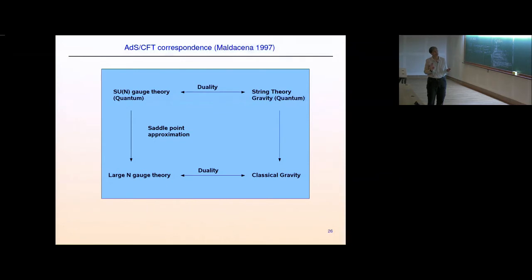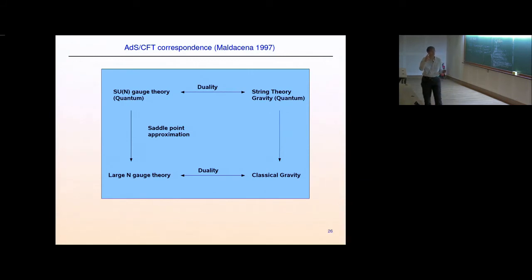The problem is that it involves string theory on the space AdS5 times S5. And in fact, nobody knows how to quantize strings in a curved space background. People only know how to quantize strings in flat space. So we can write down this theory, but it's not possible at present to actually do calculations in it. That's already one part of the answer to why we can't prove the duality.